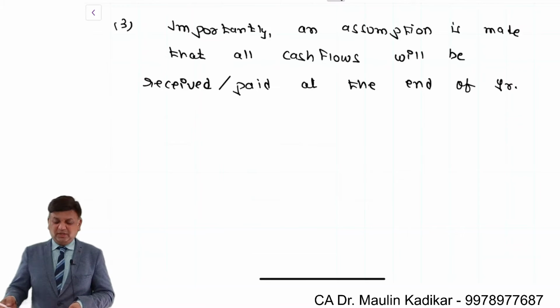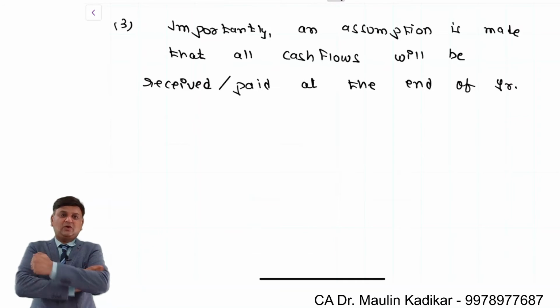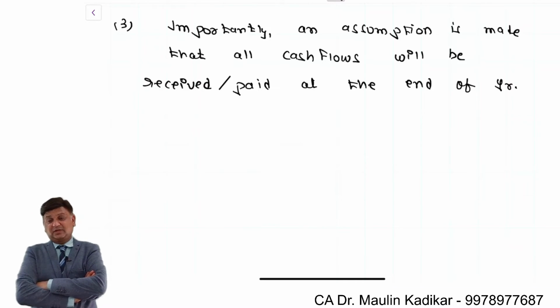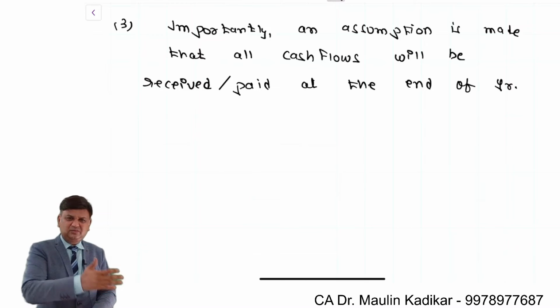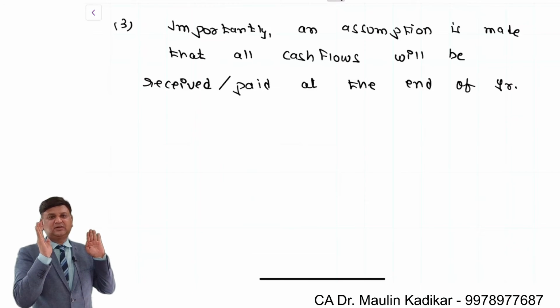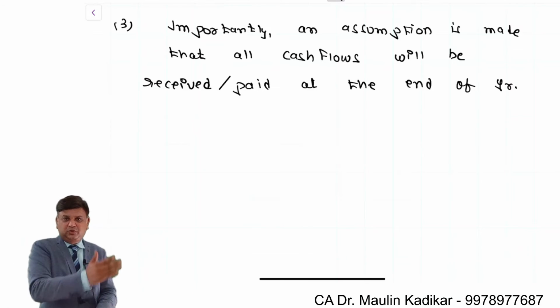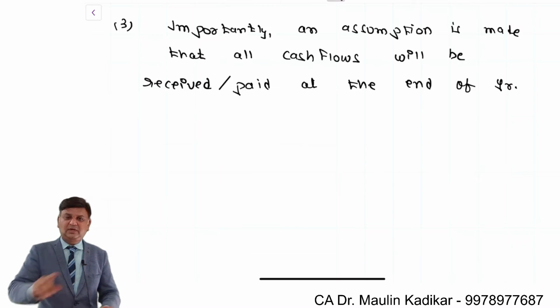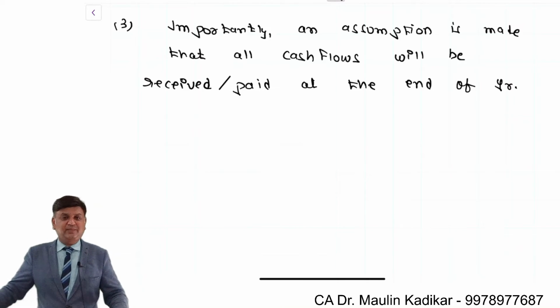Now dear students, over here one of the important assumptions which has been made is that all cash flows arise at the end of the year. May it be the revenue, the expenses or income tax liability, everything is at the end of the year. So all cash flows, inflow and outflow, are assumed to be received or paid at the end of the year.